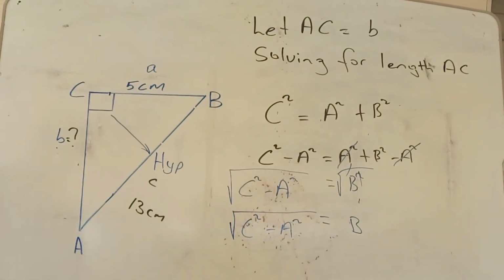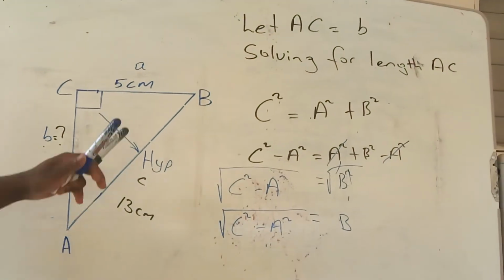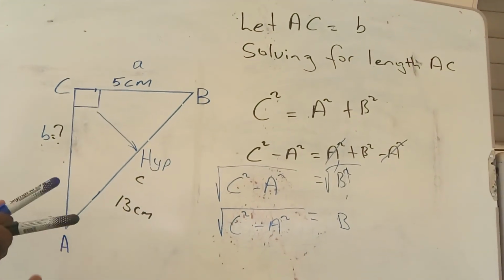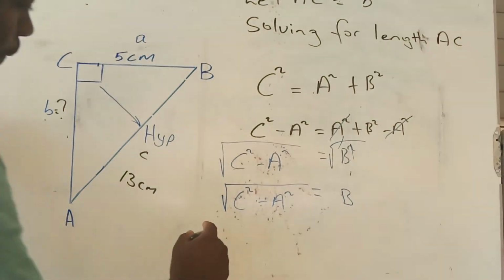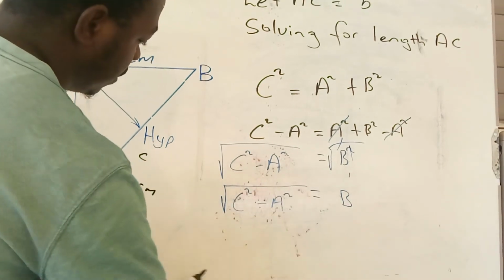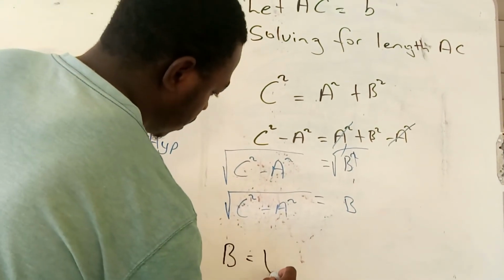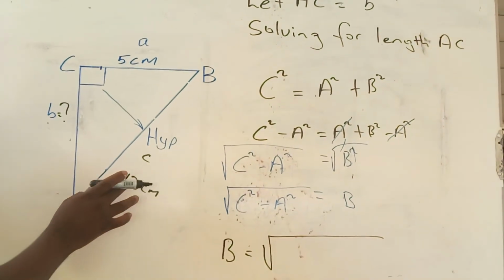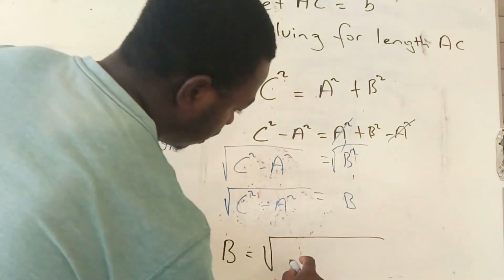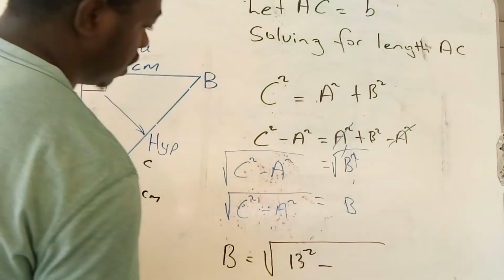Right? Now that you have the formula here, all you need to do is just sub the values in. So we can therefore say that B, and I'm going to write the B on this side, is equal to the square root of C squared. What is C squared in this case? 13. So this is 13 squared minus A squared.